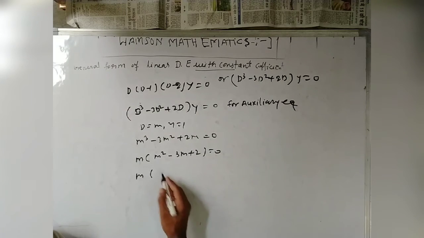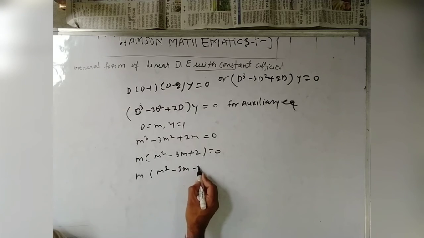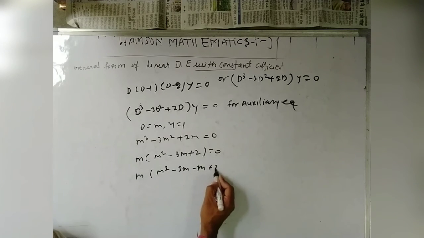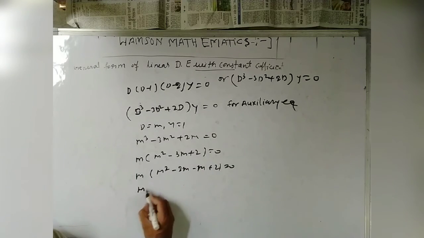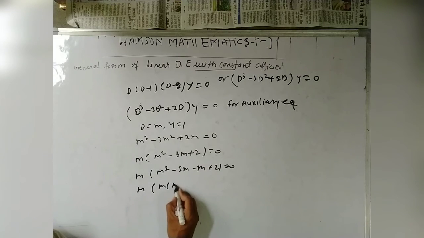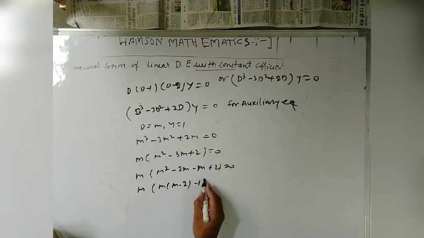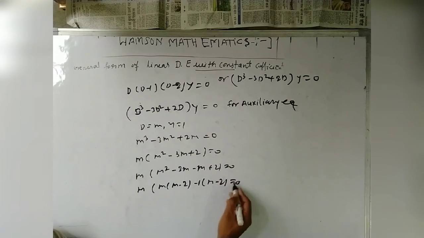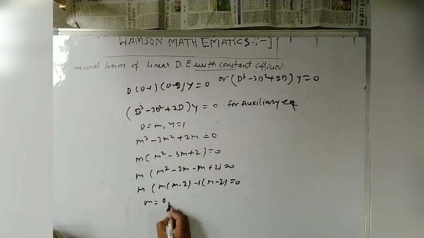Now factorize this: m square minus 2m minus m plus 2 is equal to 0. So m is common, so m minus 2, here minus 1 common, so m minus 1 into m minus 2 is equal to 0. So m is equal to 0, 1 and 2. These are the roots.